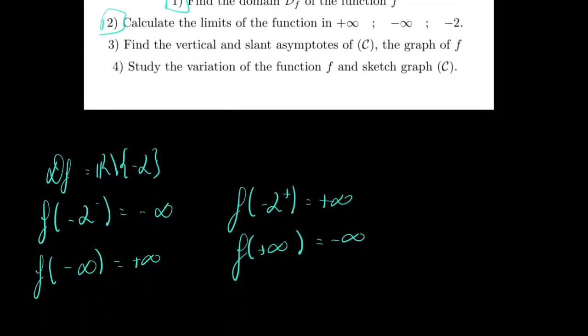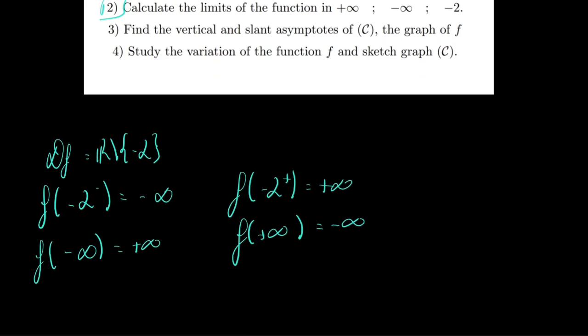And then we found the limit in minus the infinity, in -2 minus, -2 plus, so just to the right of -2, and in plus the infinity, which is equal here to minus the infinity.